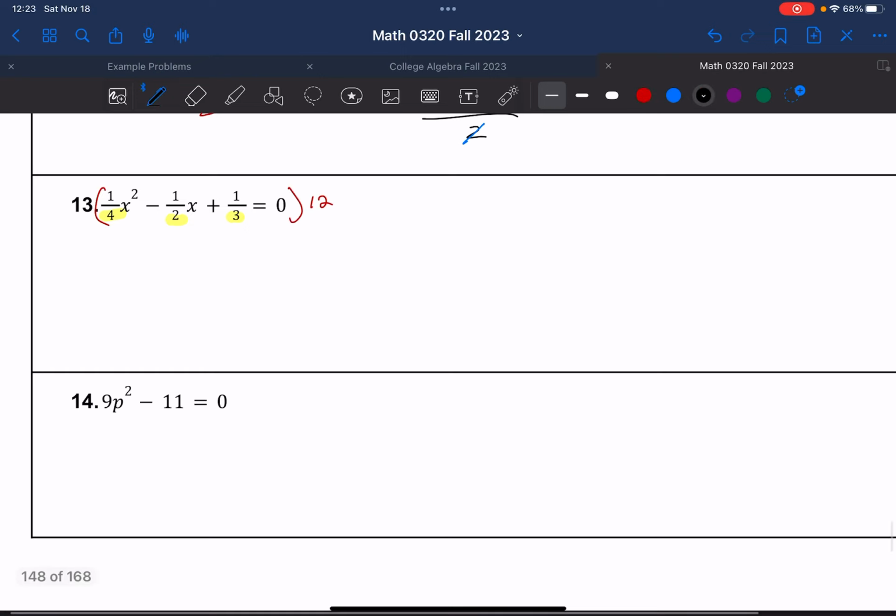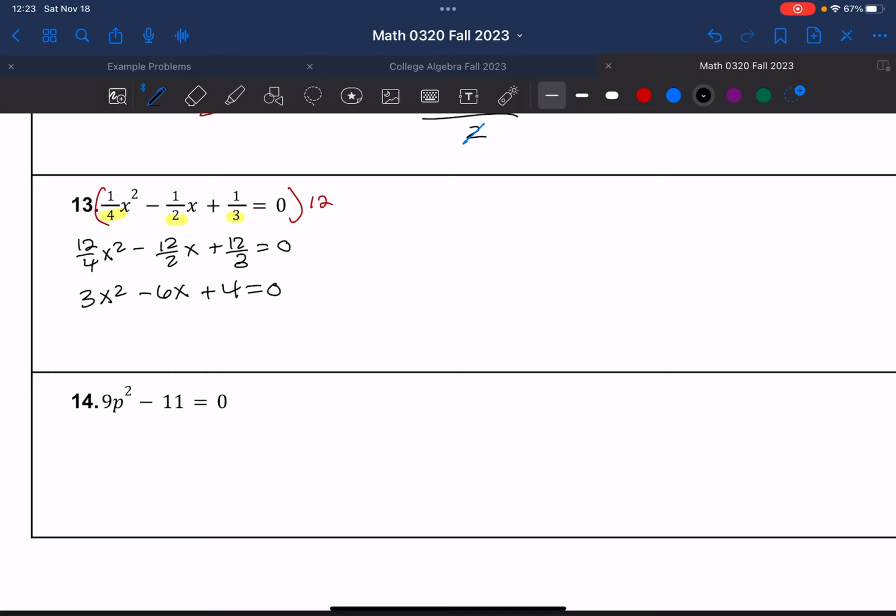So I have 12 fourths x squared minus 12 halves x plus 12 over 3 equals 0. These each now simplify to a solid number. 12 fourths is 3, so 3x squared. 12 halves is 6, so minus 6x. And 12 thirds is 4, so plus 4 equals 0.